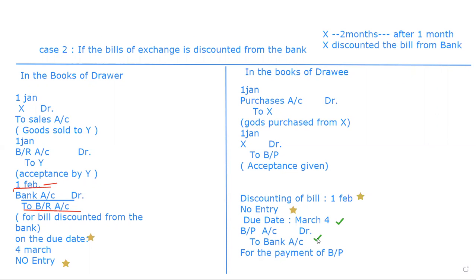This entry is to be done, and in this case it is to be done at the time of discounting of the bill. I hope it is in front of you. You may take a screenshot of this, because all the entries are highlighted and well marked with tick marks and stars and underlined with different colors, and at the time of revision, I think it will be helpful to analyze the lecture.